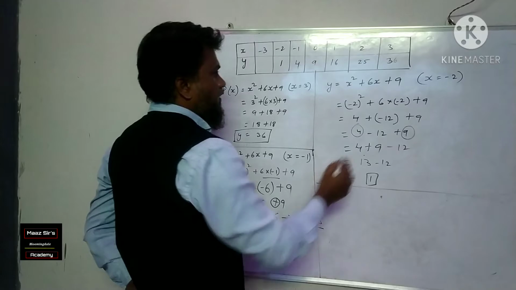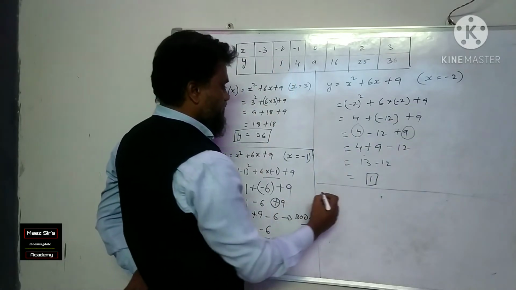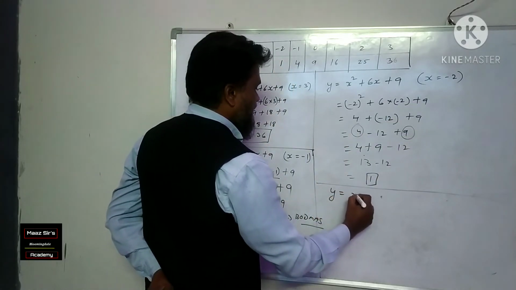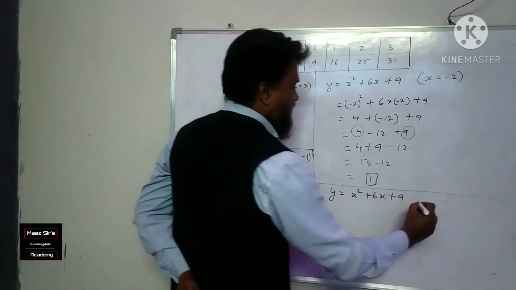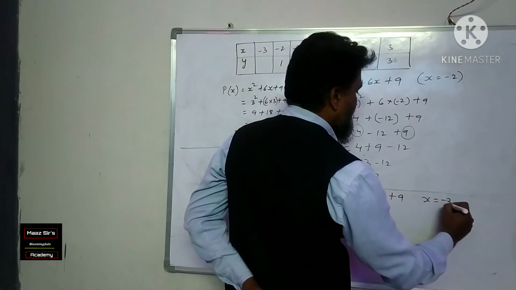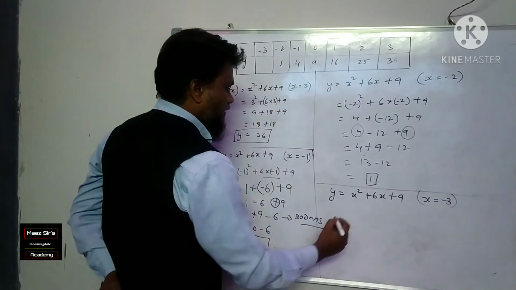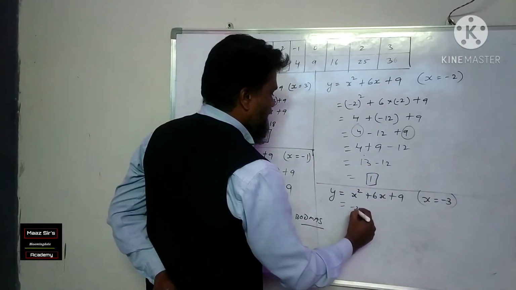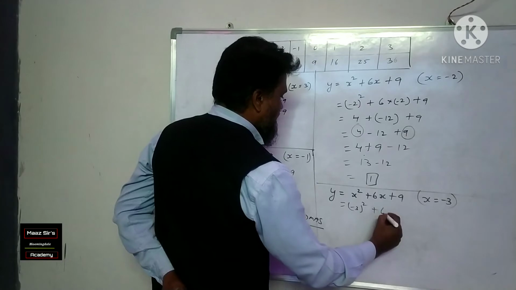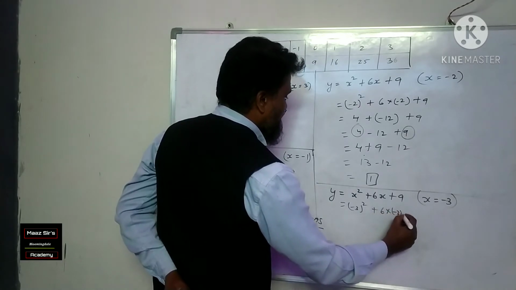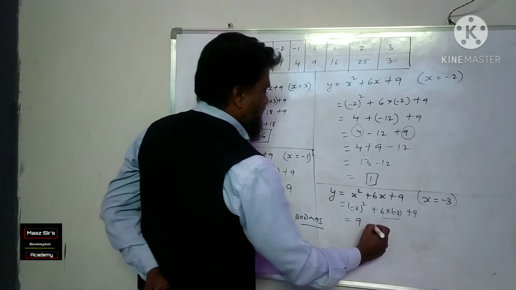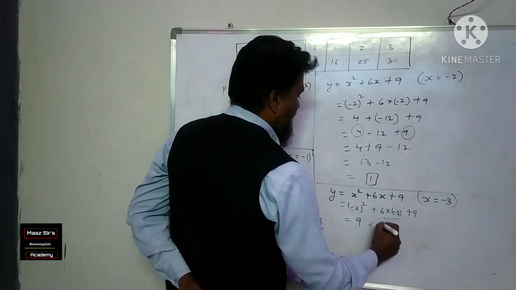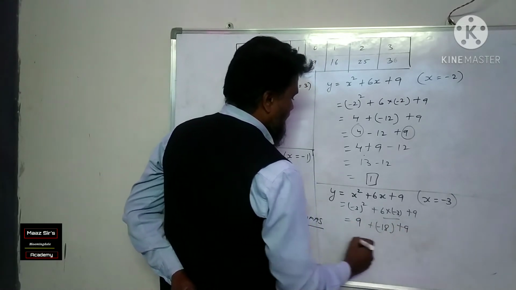Now we will do for x is equal to minus 3. X square plus 6x plus 9. X is equal to minus 3. Now I will do minus 3 square plus 6 into minus 3 plus 9. 9 plus minus 18 plus 9.